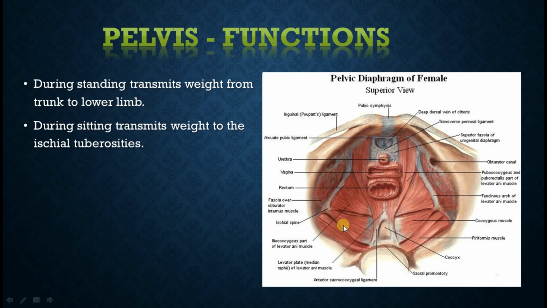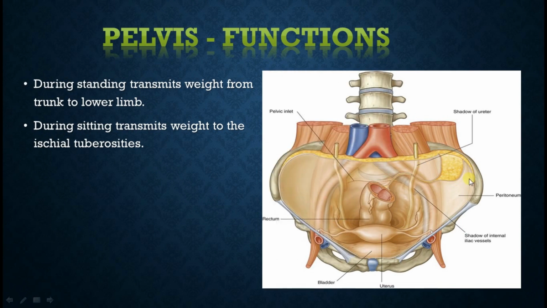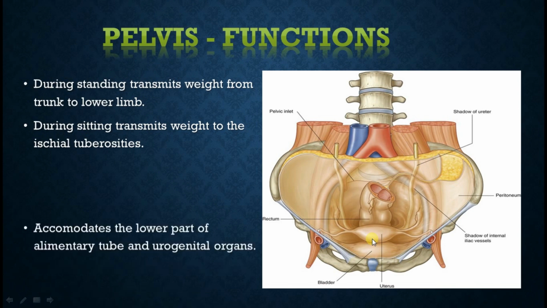Then the pelvis also lodges the pelvic organs, the viscera, mainly your genitourinary system and the lower part of the GIT: below the sigmoid colon, the rectum, anal canal, bladder, urethra, and the uterus in case of females, with the ovary and the fallopian tubes, are all lodged inside the pelvic cavity.